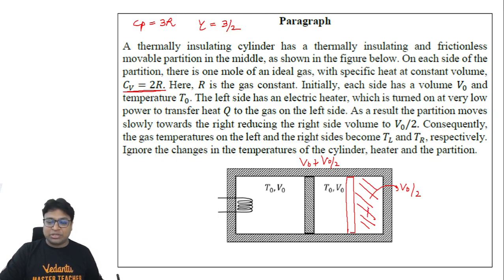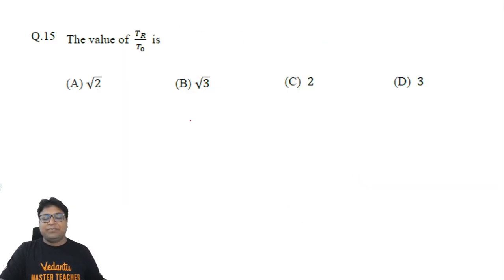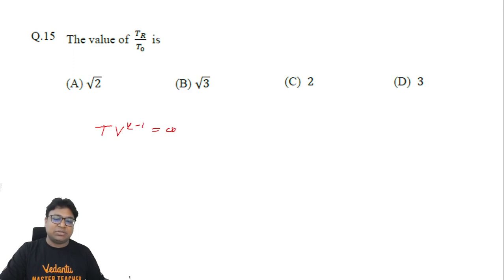So let's call the temperature of this part of the chamber as TR, and the temperature of this part of the chamber as TL. So to find out TR, we are going to use the equation for an adiabatic process, and that equation is TV raised to power gamma minus 1 is equal to constant.